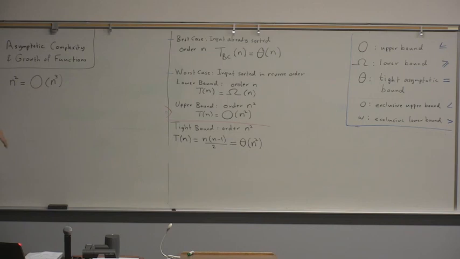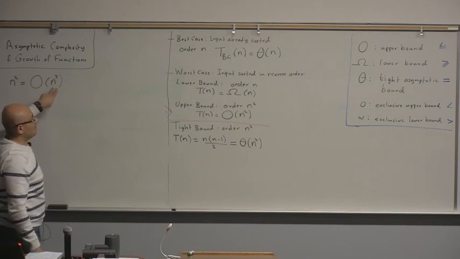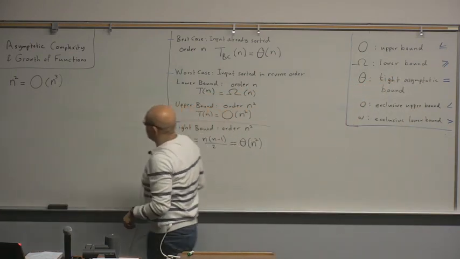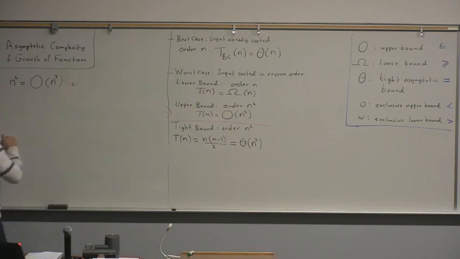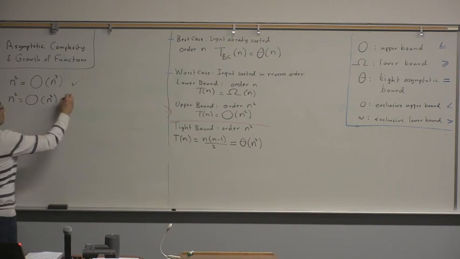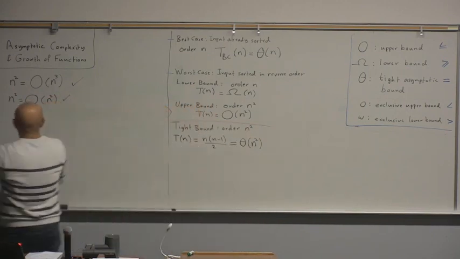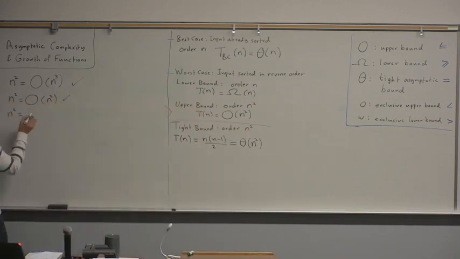Again, this is like saying n squared has the same order as n cubed or less. So it's less than or equal. This is a true statement. You can say n squared equals big O of n squared. This is also correct because it's less than or equal. And you can say n squared equals big theta of n squared.